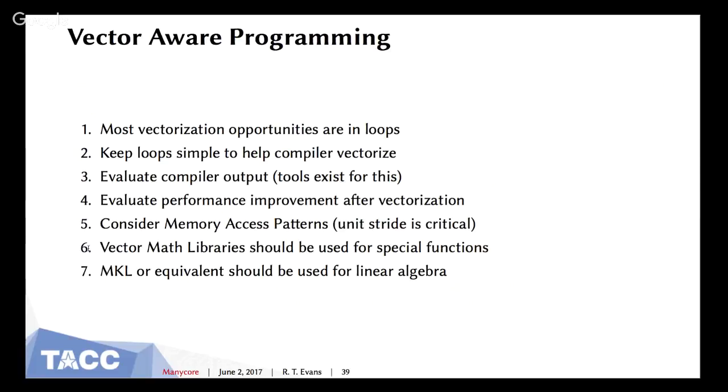So if you have a vector, you'd like to access I, then I plus 1, then I plus 2, then I plus 3. That's stride 1, not I plus 10, I plus 20, I plus 30. If you have a 2D array, you want to access the data that's contiguous on the dimension, depending on if it's Fortran or C, because the row major, column major order changes.